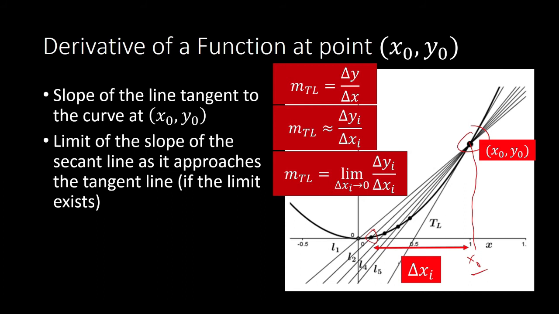And as the other point of intersection gets closer to the fixed point, the x coordinate gets closer to x sub 0, in which case delta x sub i approaches 0. So that is why we have the limit of delta y sub i over delta x sub i as delta x sub i approaches 0.